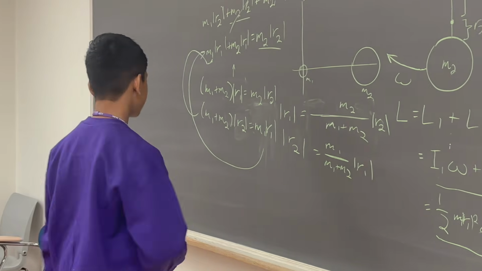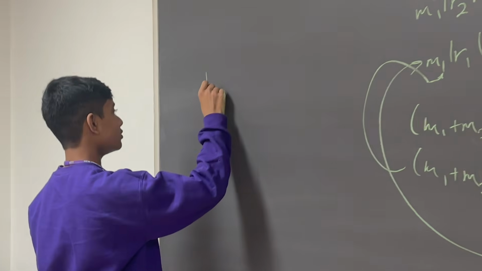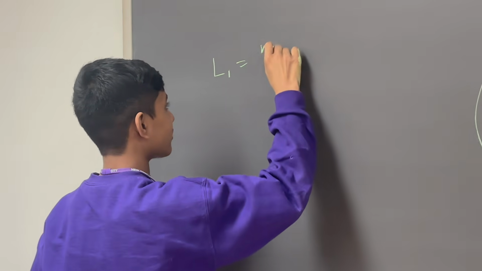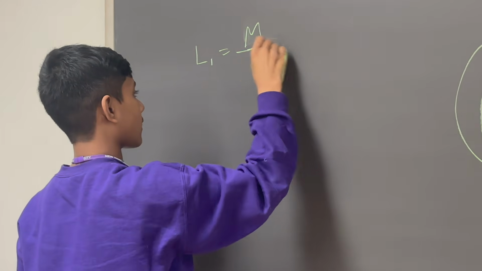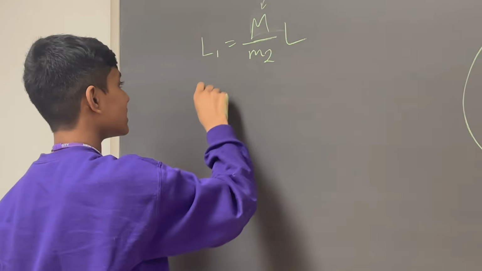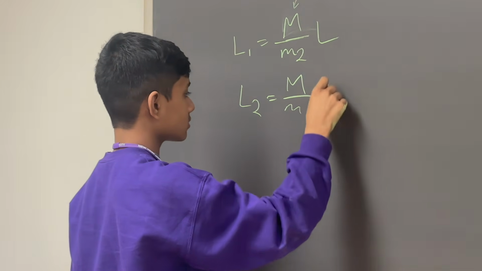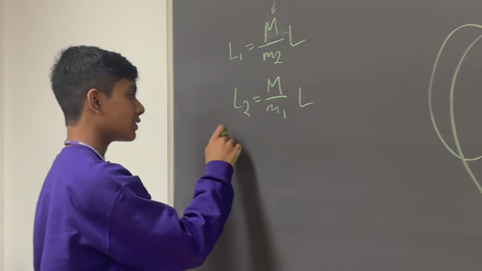Well, here's what we're going to do. We're going to show that L1 is actually equal to this fraction of L, where this is the total mass. L2 is going to be this fraction. Of course, they add up to just L, right?